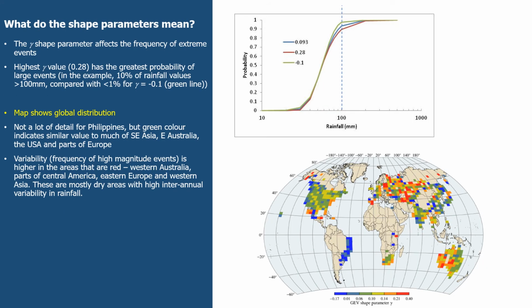Just want to say a little bit about shape parameters, because the shape parameters you will often see referred to, and they are important. This is a mapping from that same study of the shape parameter, blue being negative values, red being positive. And I think you can see from this that there are different parts of the world with different colours tending to dominate.